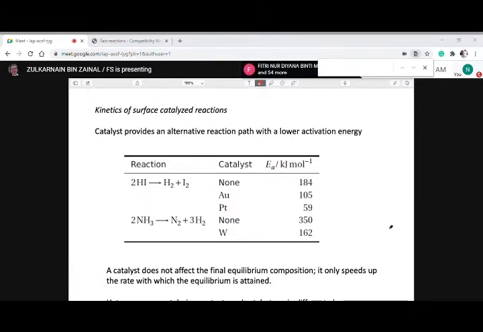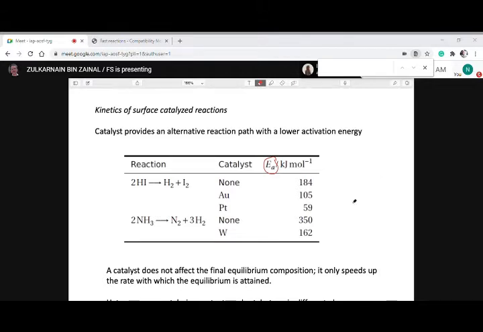Some reactions occur at a slow rate without a catalyst, but with the catalyst, we can increase the reaction rate up to a high level. And this is because of what we call the activation energy. For certain reactions, the activation energy is too high, so we have to bring down this activation energy by introducing the catalyst into the reaction.